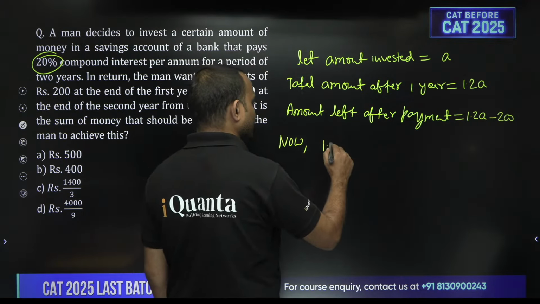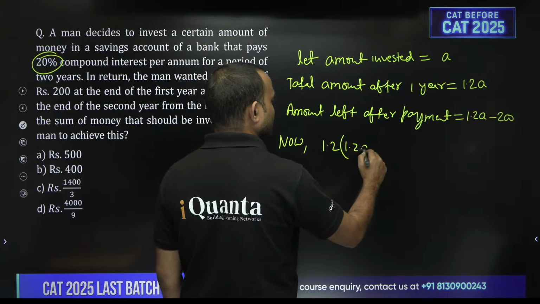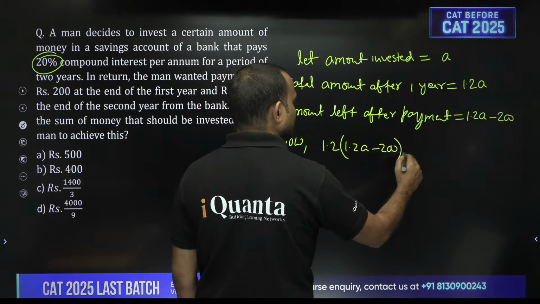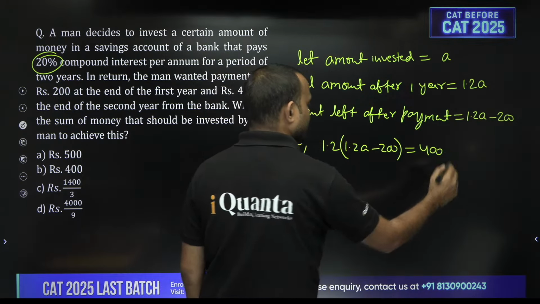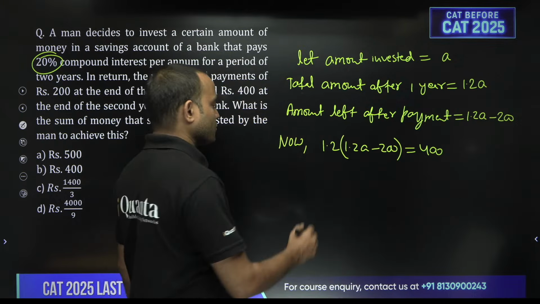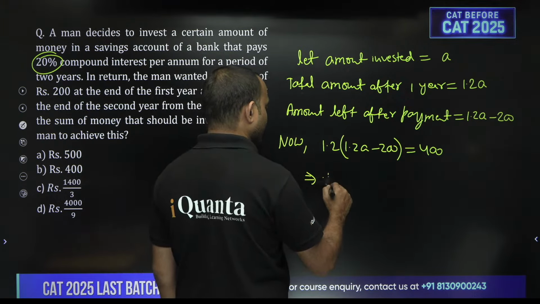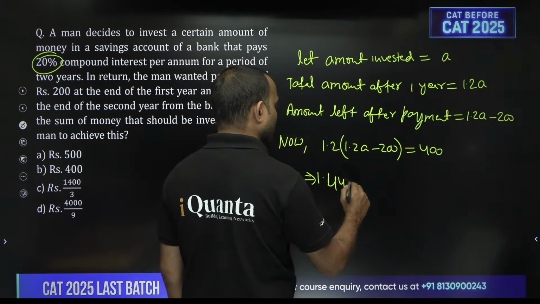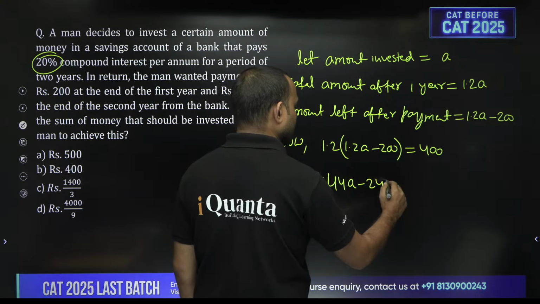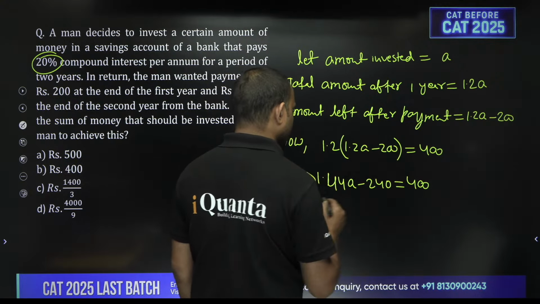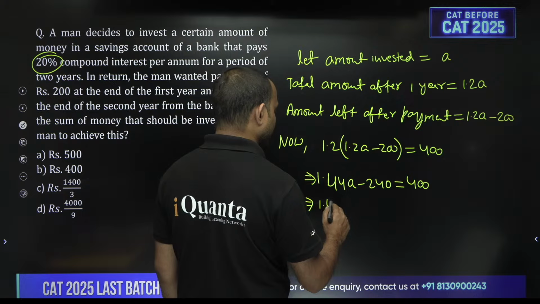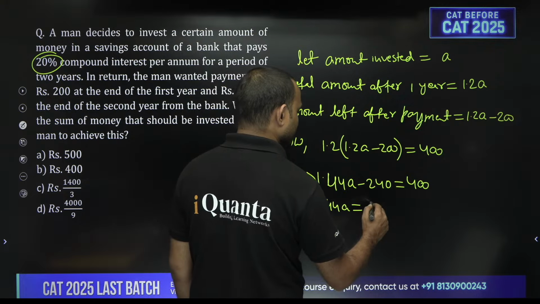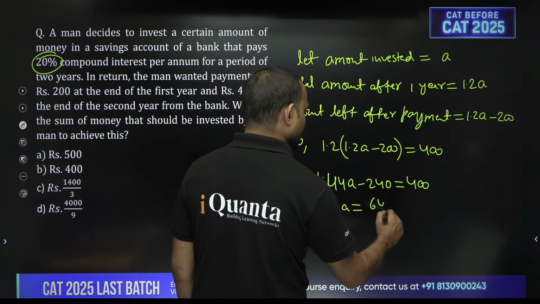So 1.2 times (1.2A minus 200) should be equal to 400, right? So from there we are getting 1.44A minus 240 is equal to 400, or 1.44A is equal to 640.